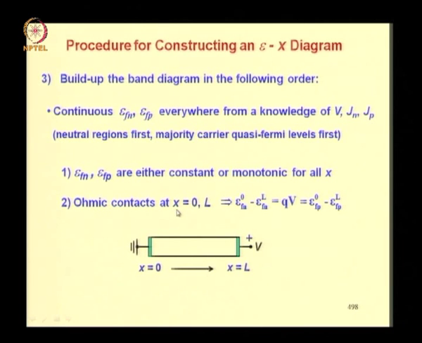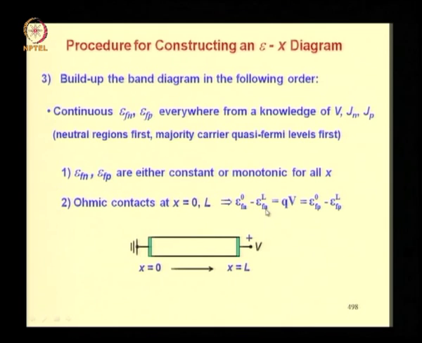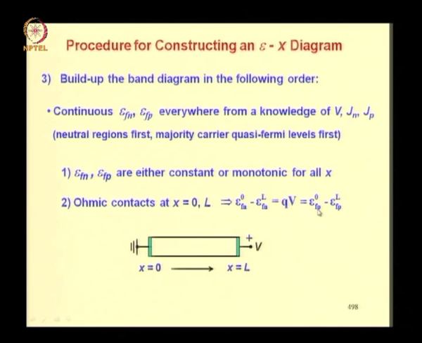So if you have ohmic contacts at x equal to 0 and L, then EFN(0) minus EFN(L) is Q times V. EFP(0) minus EFP(L) is also Q times V. So the total variation of the quasi-Fermi levels in the device would be equal to the applied voltage provided the contacts are ohmic. It does not matter what kind of a complicated material structure this region has.